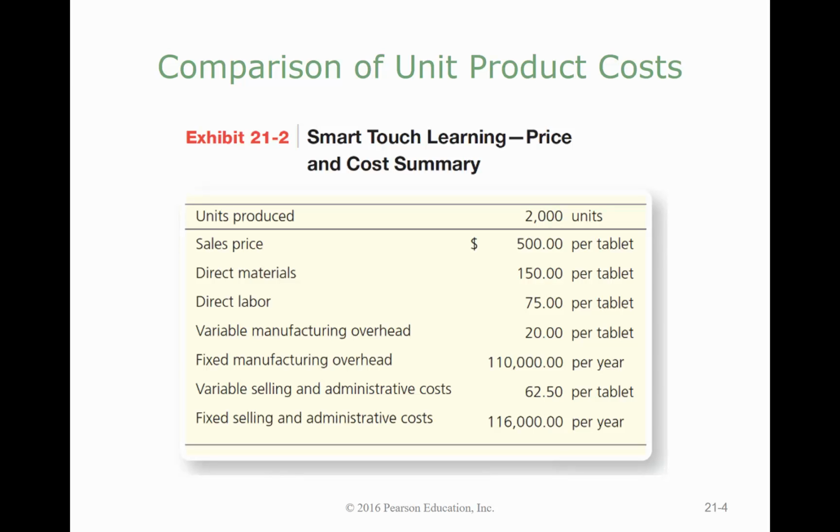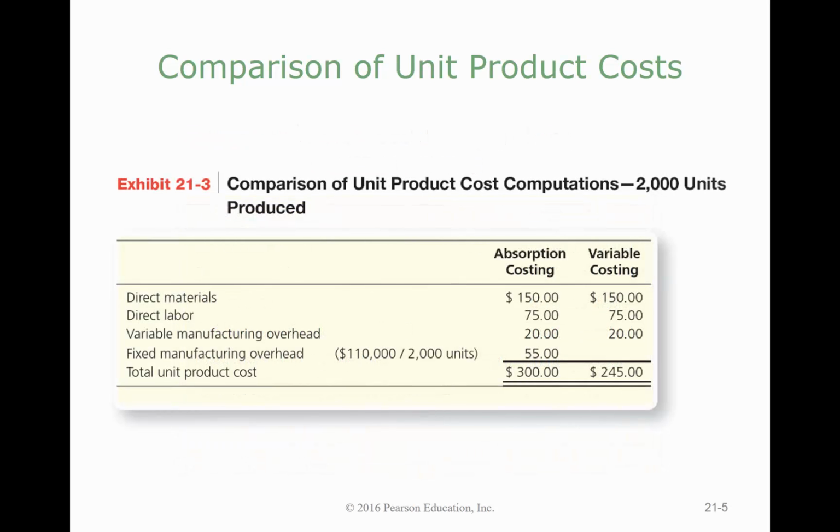So here's Smart Touch Learning. They always use that company in the examples in both of the textbooks, right, for the two different courses, financial and managerial. So here, they have a product. They produce 2,000 units. You can see the rest, and we'll use that in the example. So under absorption costing, we have our direct materials, direct labor, and variable manufacturing overhead, and you see that's the same for absorption and variable costing.